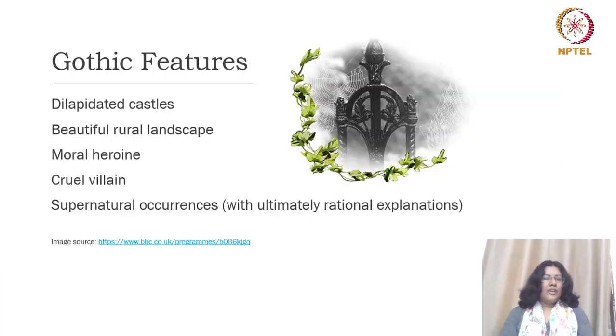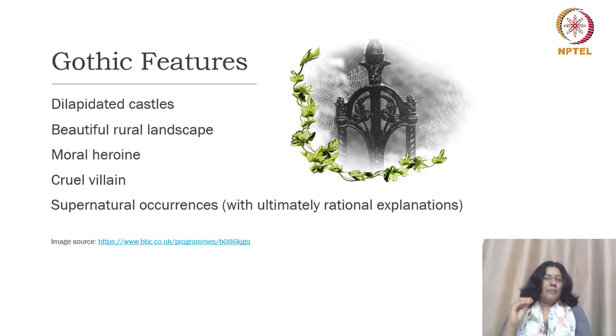So what are some of the Gothic features? To just jog your memory, because we have discussed these concepts quite extensively in the introductory lectures. The key Gothic features are dilapidated castles, ruined structures and buildings, and we also sometimes have a beautiful rural landscape, which is the case in The Mysteries of Udolpho.